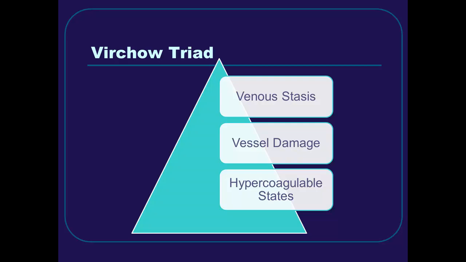Last but not least, hypercoagulable states. We just reviewed both inherited as well as acquired, but in Virchow's triad, let's think more about the acquired side. So on that acquired side, we talked about malignancy, we talked about pregnancy, we talked about antiphospholipid antibody.